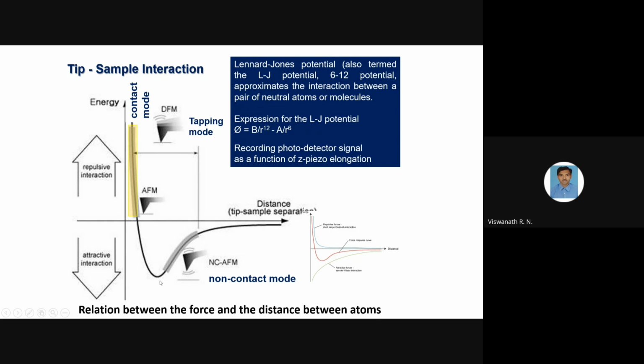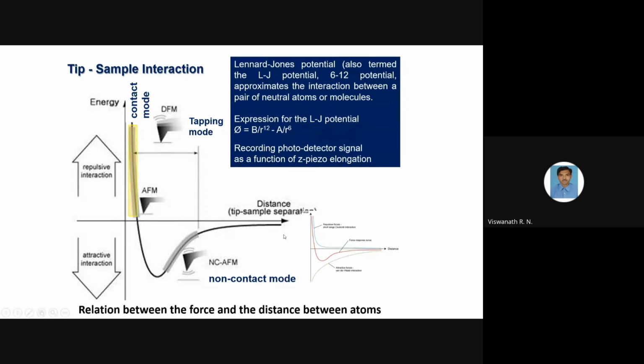The repulsive term is very fast. At equilibrium, it starts to repel very fast. But when it is very far away and comes closer, the attraction is not very high, it is a slow process. That is why it is r power 6. So we record the photo detector signal as a function of distance.